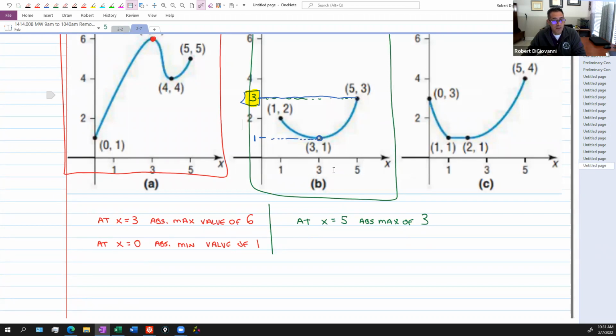No, we do not. We never get to 1. As much as you want to say the absolute minimum is 1, it's always going to be a little bit more than 1, and you can't tell me what number. So you're going to say no absolute minimum here.